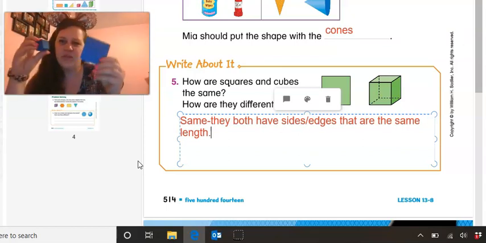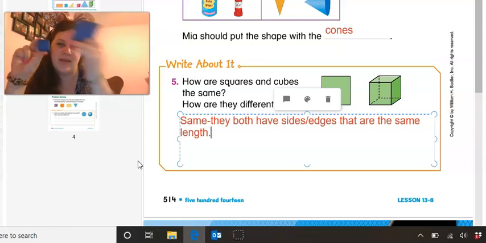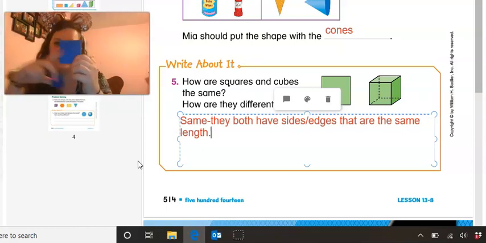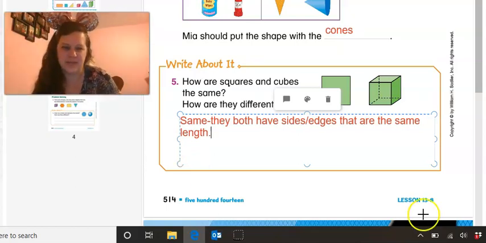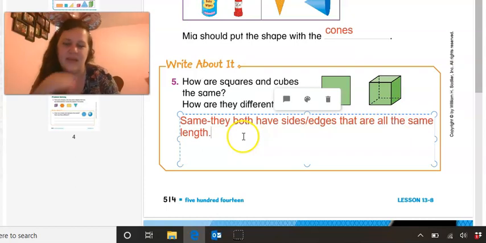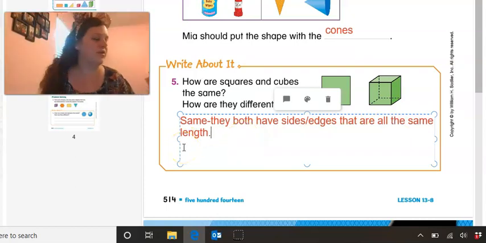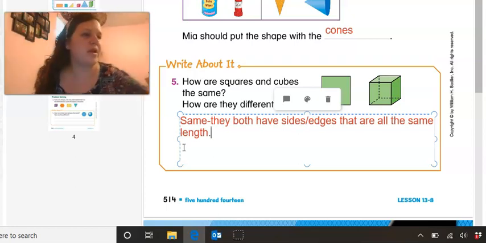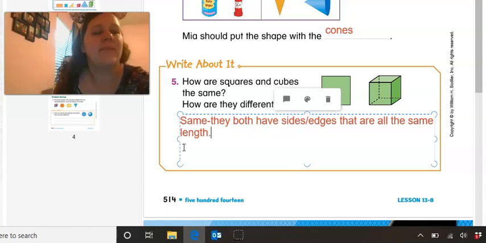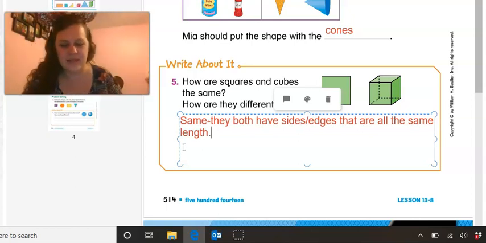So that is one way that a square and a cube are the same. They both have sides and edges that are all the same length. If you can squeeze that in there, that's great. If you already wrote it and you can't fit it, it is all good. But I want you to understand what I mean by the same length.